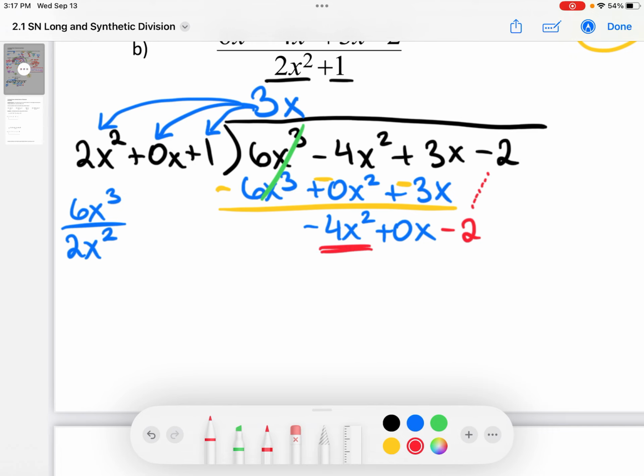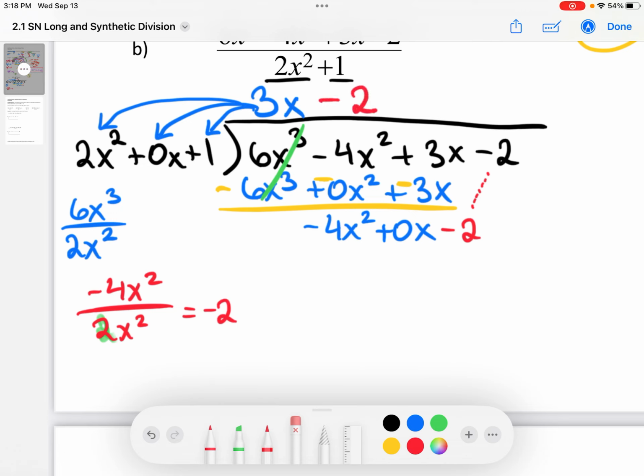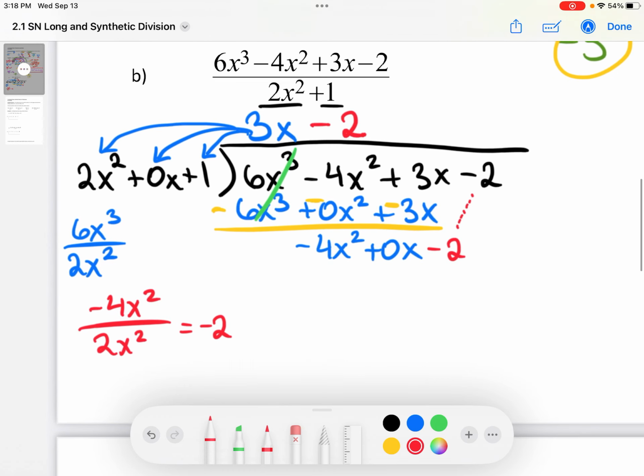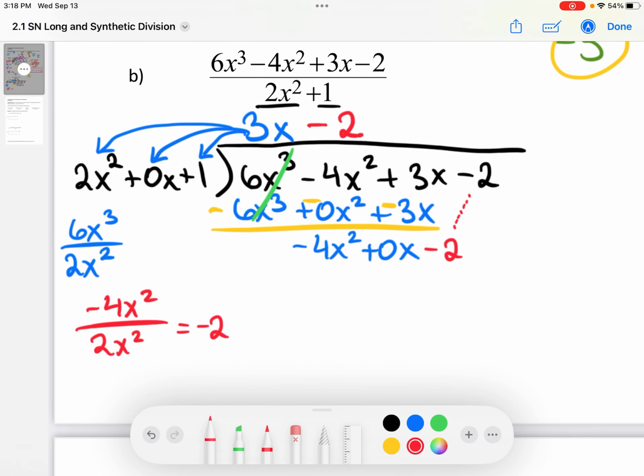Take the first term on the inside, divide by the first term on the outside. So negative 4x squared will divide by 2x squared, and that gives us negative 2. So minus 2 is what goes on top, and we continue the process. We multiply. Negative 2 times 2x squared is negative 4x squared.